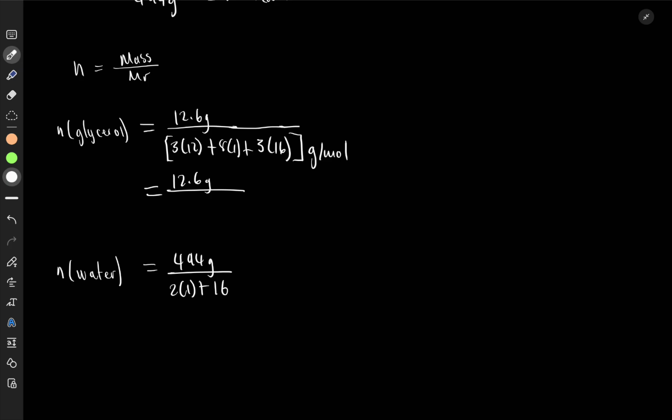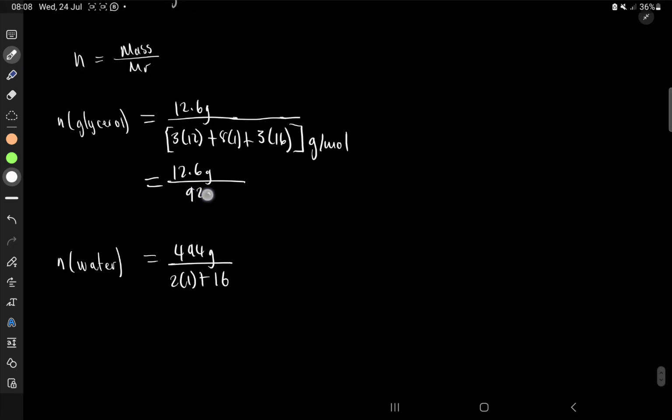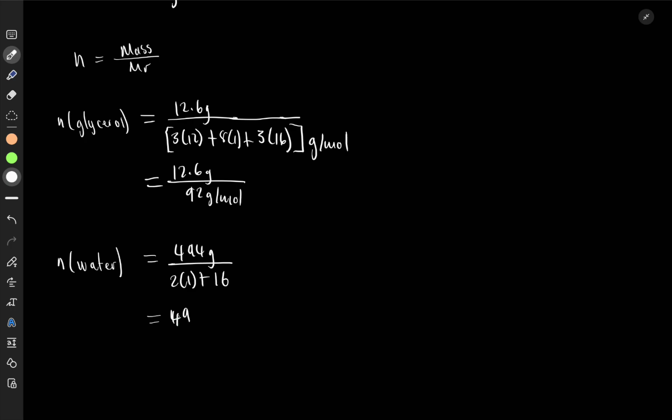Close. This gives me 92, so over 92 grams per mole. And here I have it as 494 grams over 18 grams per mole, right? These are grams per mole.